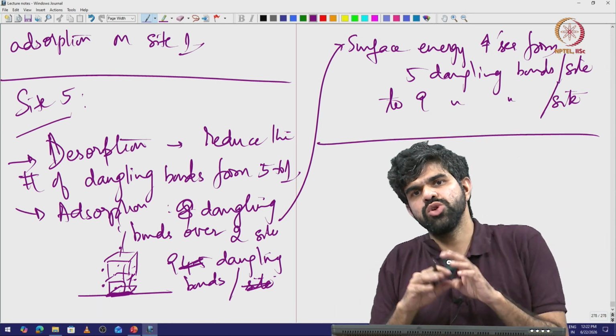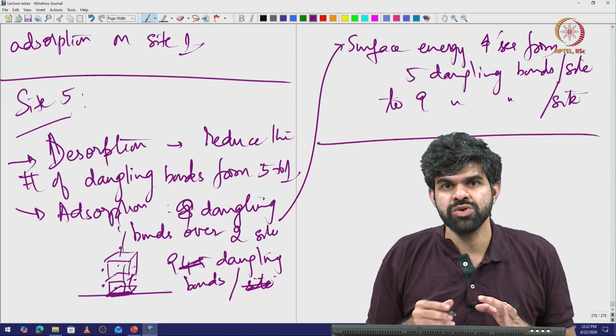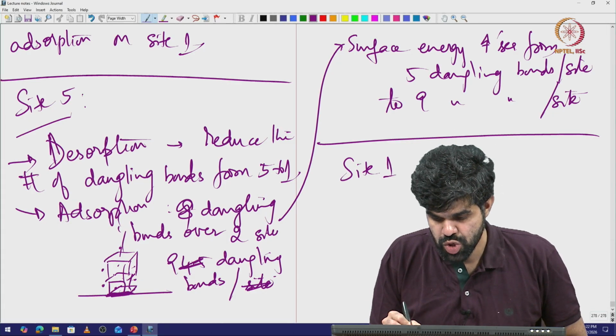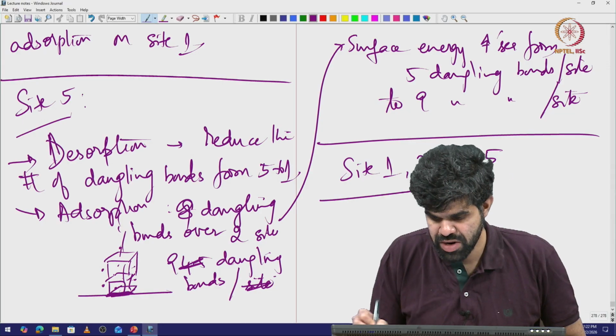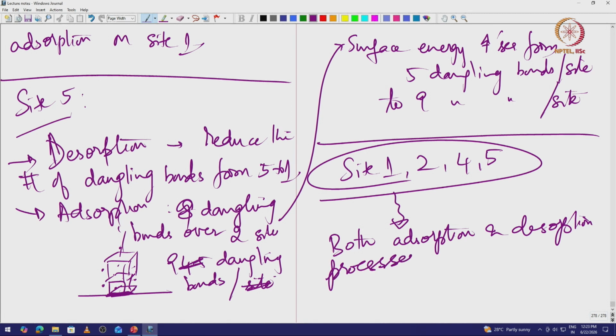Like that you can look at all the various sites, and you will find that both adsorption and desorption processes, in sites 1, 2, 4, 5, which are the sites you can take for example, are going to change the surface energy.